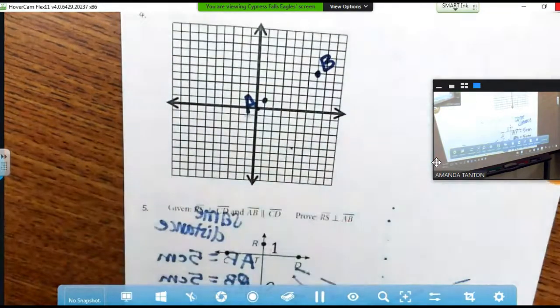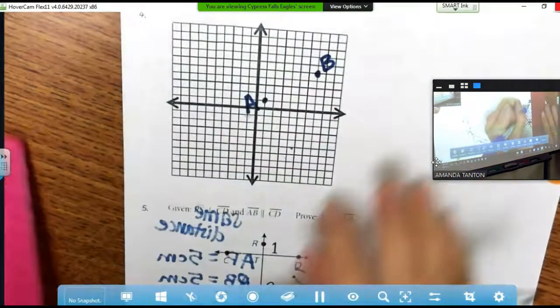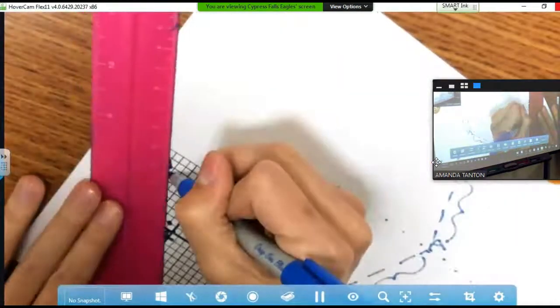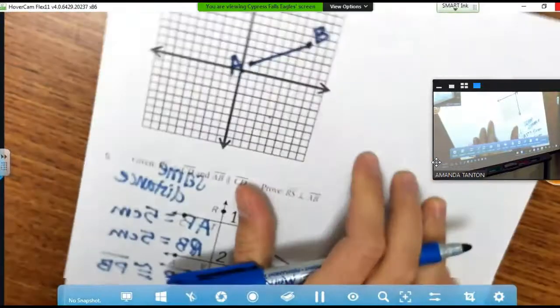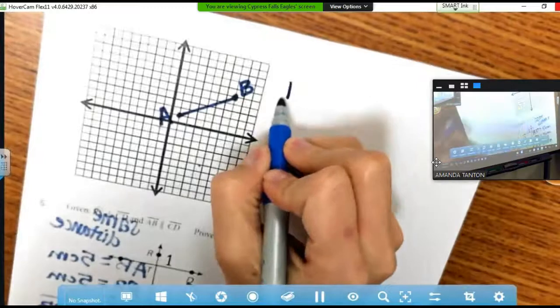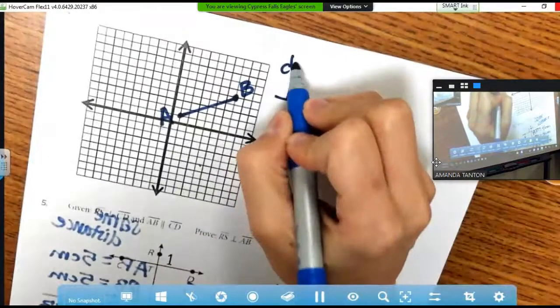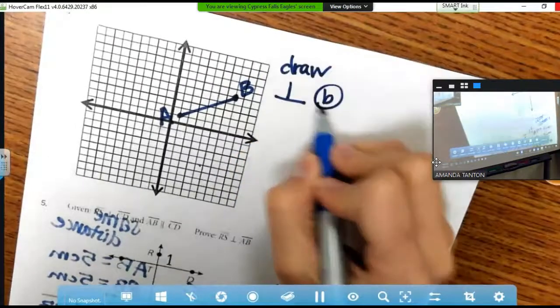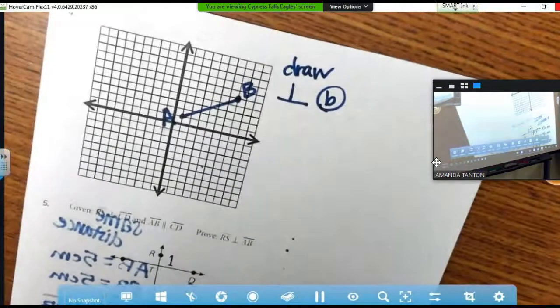It said to do the whole segment, so we're going to use our straight edge and make that segment. So now our job is to draw the perpendicular bisector of AB.